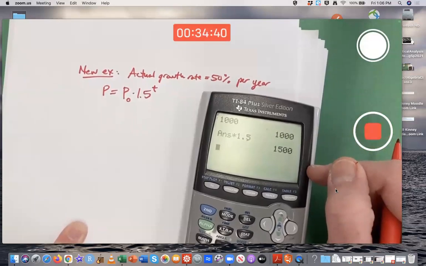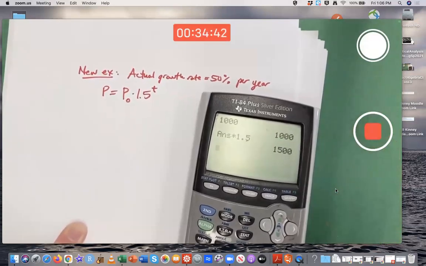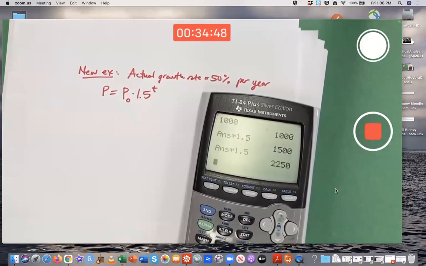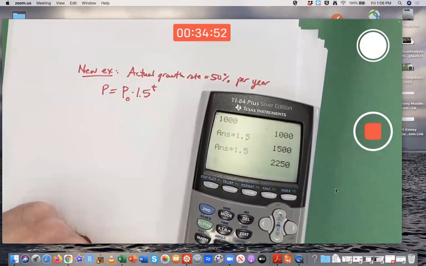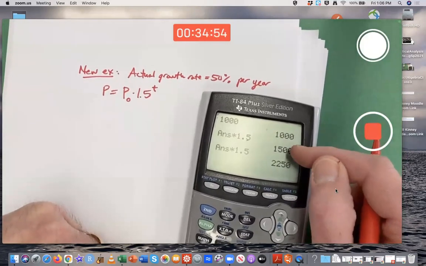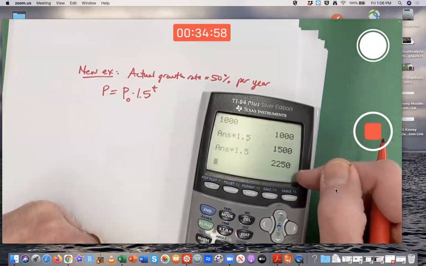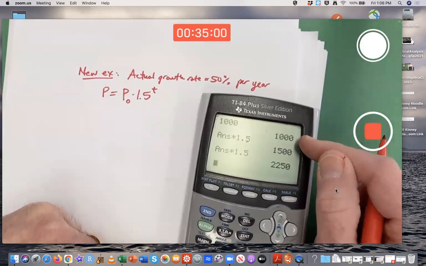It grew by 50%. Multiply by 1.5 again, which I can just do by hitting answer again, or enter again. I'm up to 2,250. That's also 50% growth because 750 is half of 1,500. And 2,250 is 1,500 plus 750.